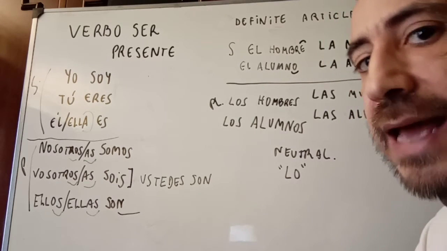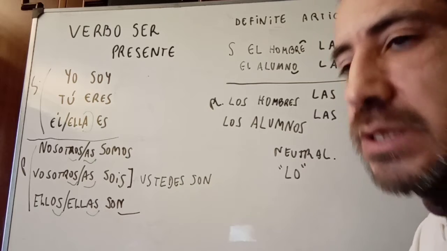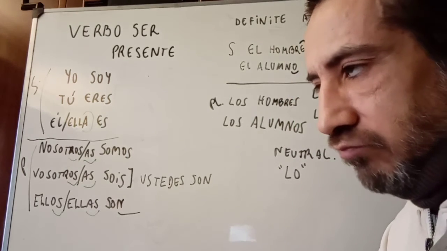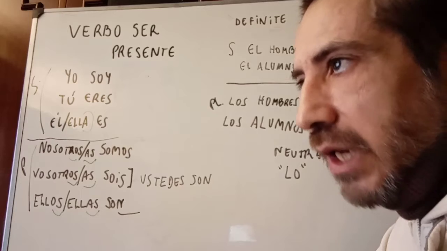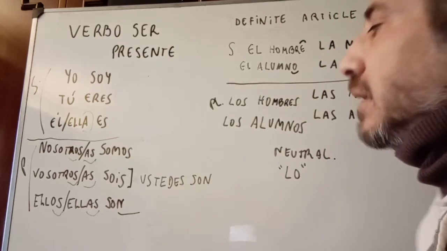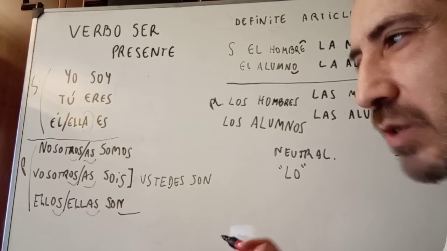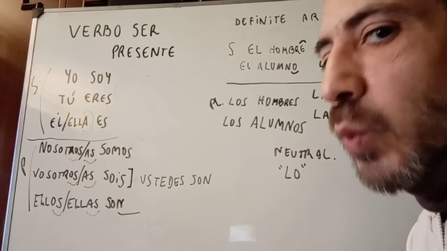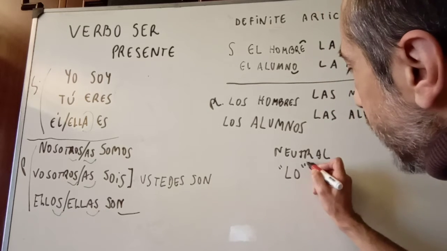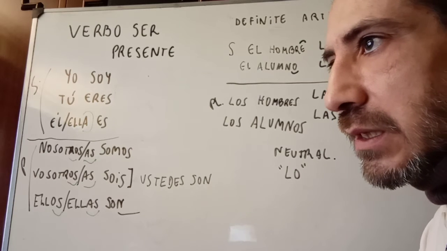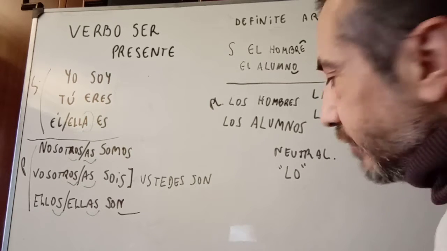When we take an adjective, important, necessary, ugly, nice, etc., and we want to talk about that as if it were a noun, we put this preceding the adjective and we turn it into a noun.